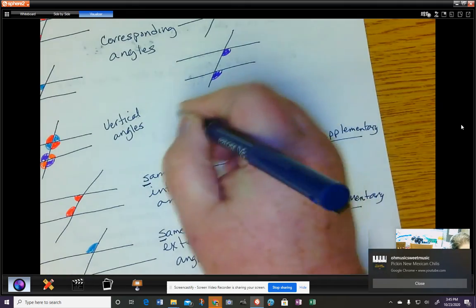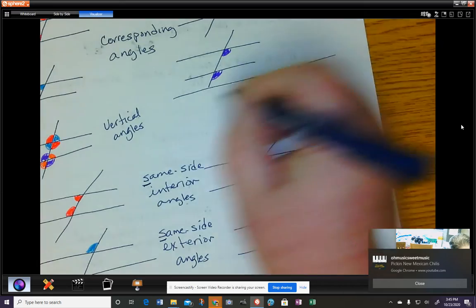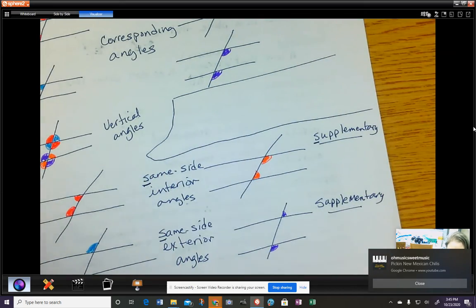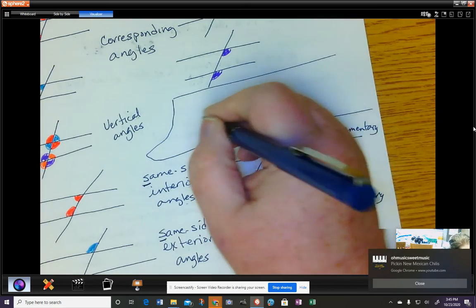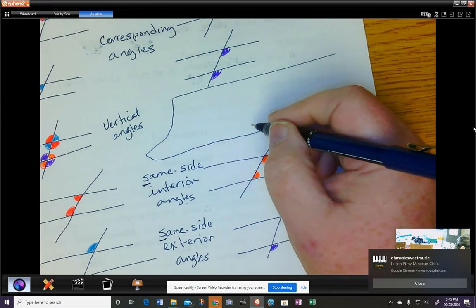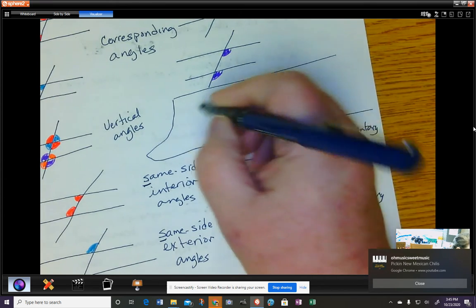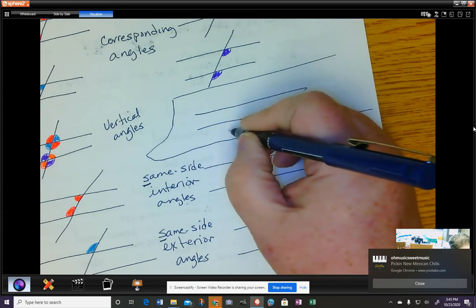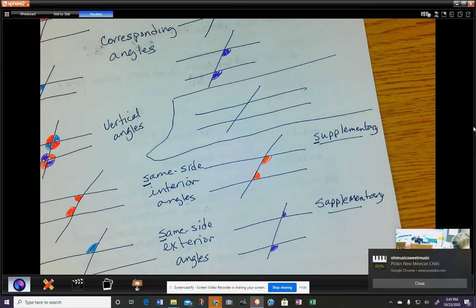Got one more for you. Okay. Trying to think what these are called.